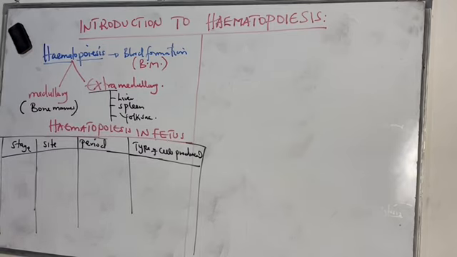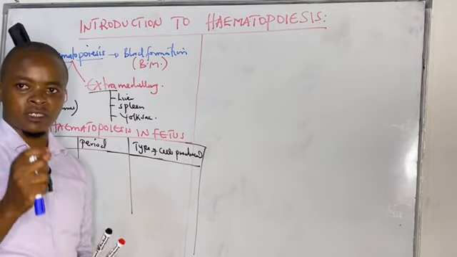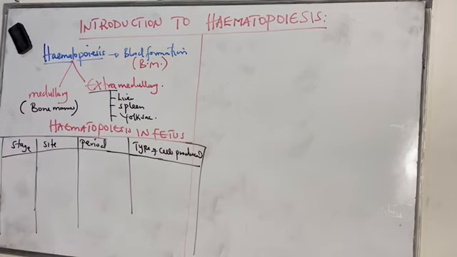In a fetus, this formation of blood starts at 2 weeks after fertilization. At 2 weeks after fertilization, the first stage is called the mesoblastic stage.